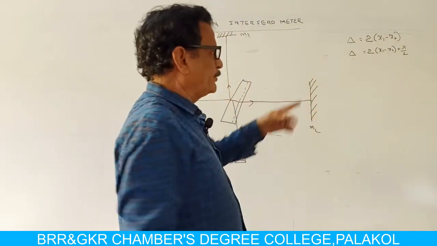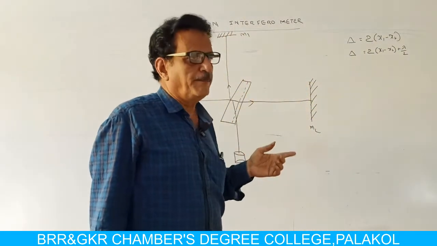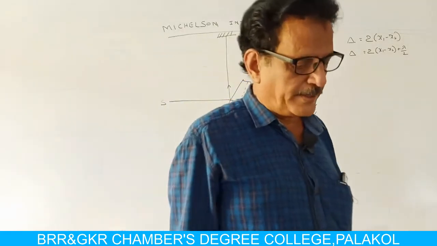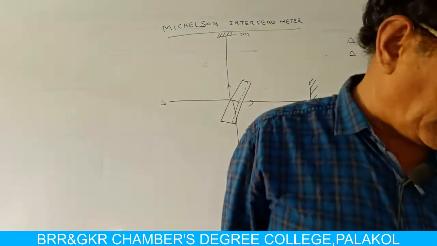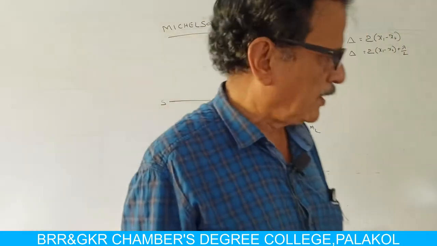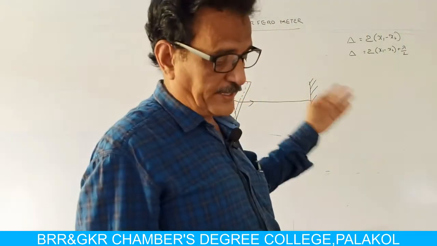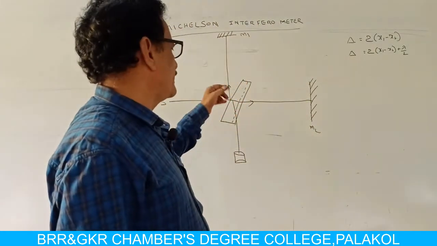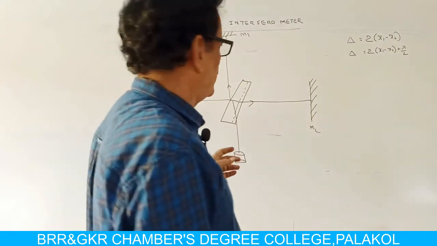Here lambda by 2 is the Stokes additional path difference. What are x1 and x2? x1 and x2 are the distances travelled by the longitudinal ray and the transverse ray.